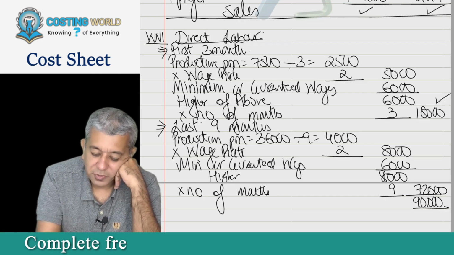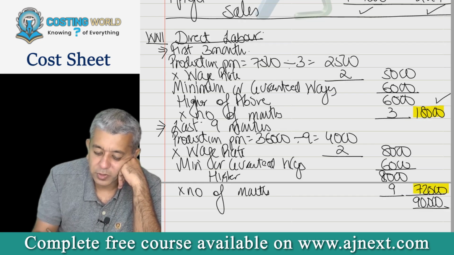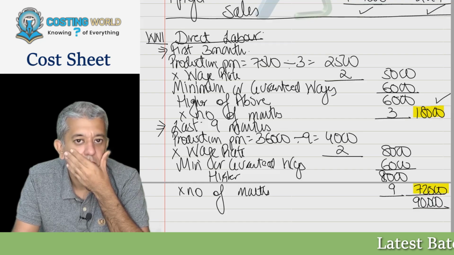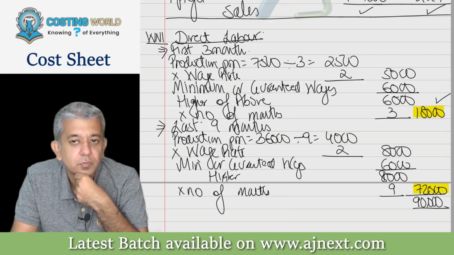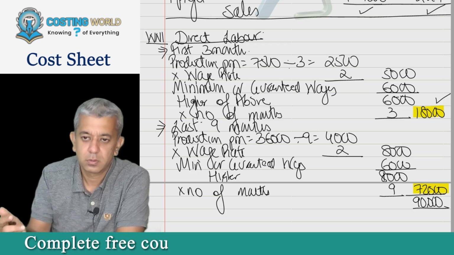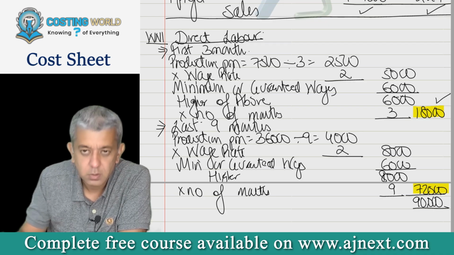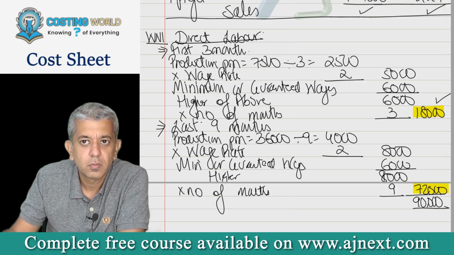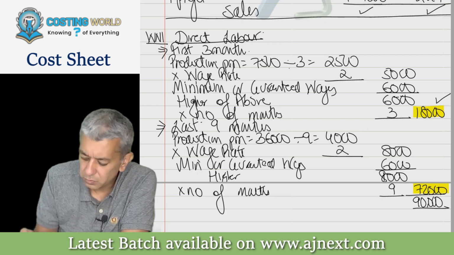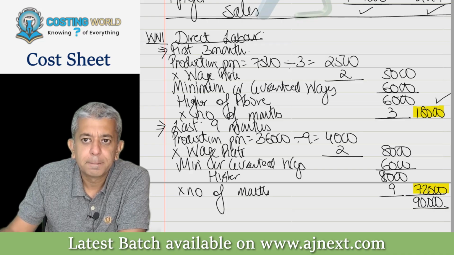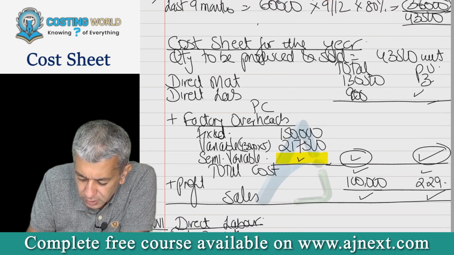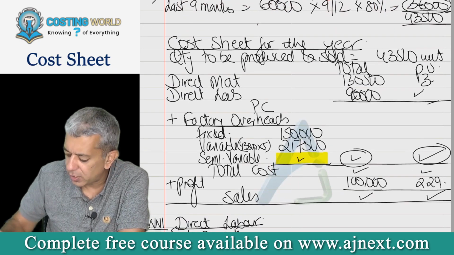So one is 18 for the first 3 months, then it becomes 72 for the last 9 months. So therefore in all that will become 90,000. Then further, do one thing. So put 90,000 over here. 90,000 divided by 43,500.